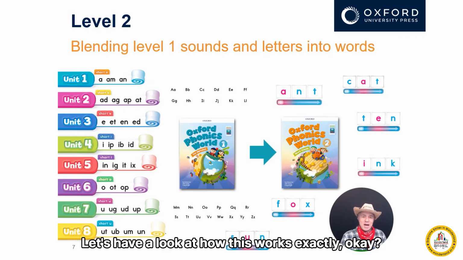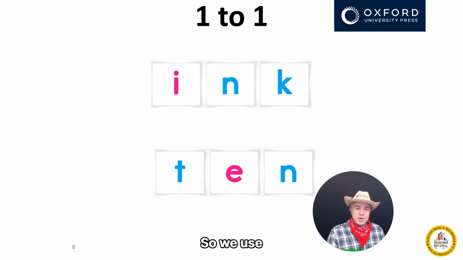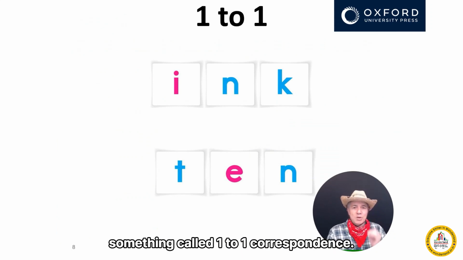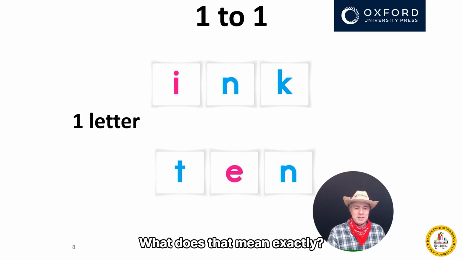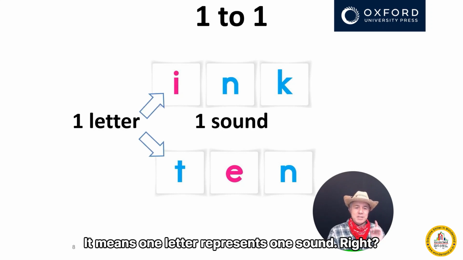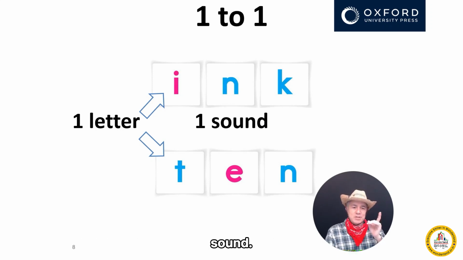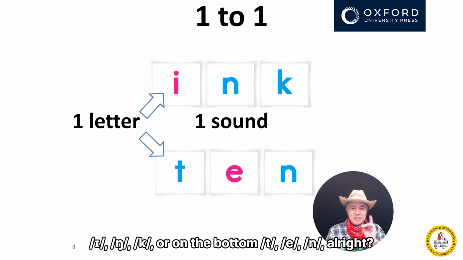Let's have a look at how this works exactly. Okay? Right, so we use something called one-to-one correspondence. What does that mean exactly? It means one letter represents one sound. So if we look at the top, we have the letters I, N, and K, but they only represent one sound each.